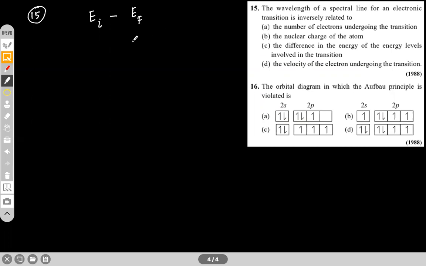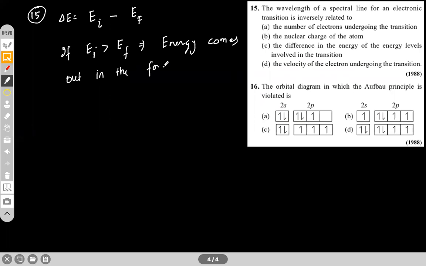This is delta E. If EI is greater than EF in terms of energy, then in this transition the energy comes out in the form of radiations, and the radiation has wavelength lambda.